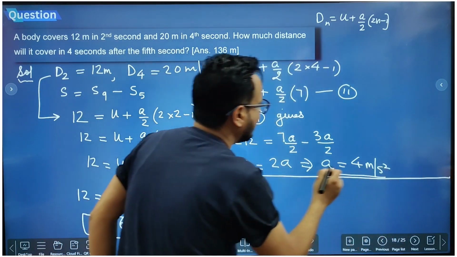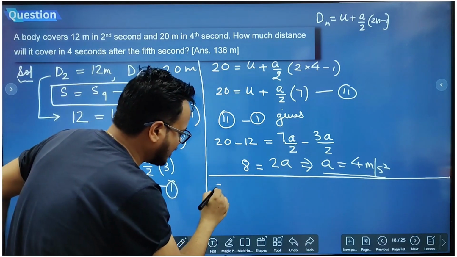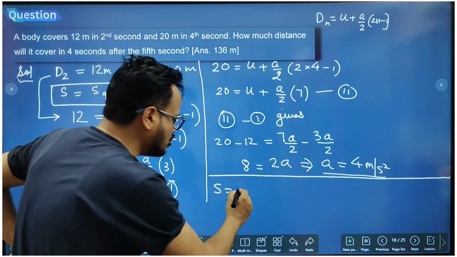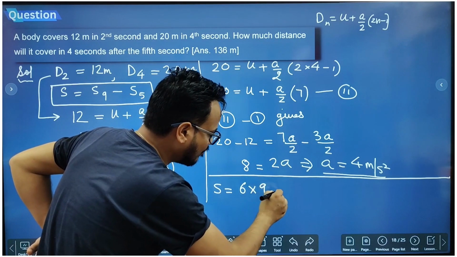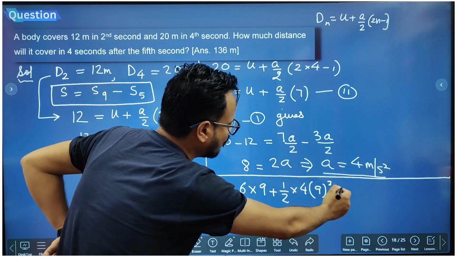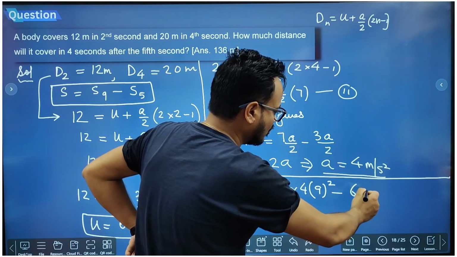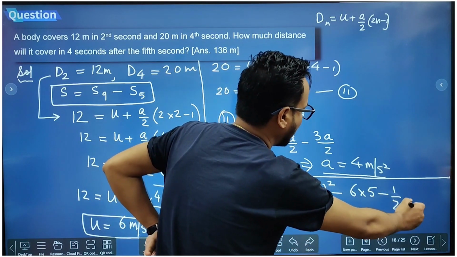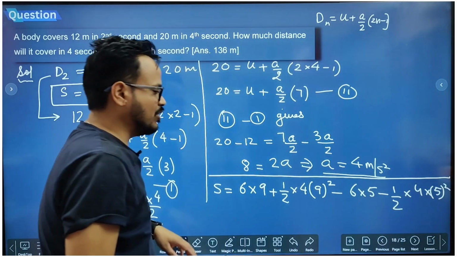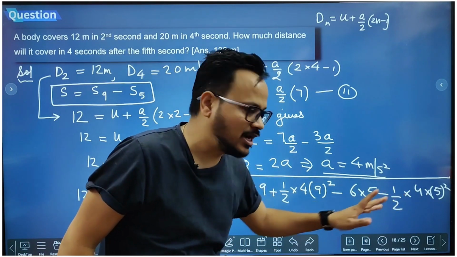So now we will find what we are supposed to find, S9 minus S5. So S9 is ut plus half at square, minus S5, which is ut plus half at square, because we are going to subtract this whole from this. So when we open the bracket, this plus sign will also become minus.